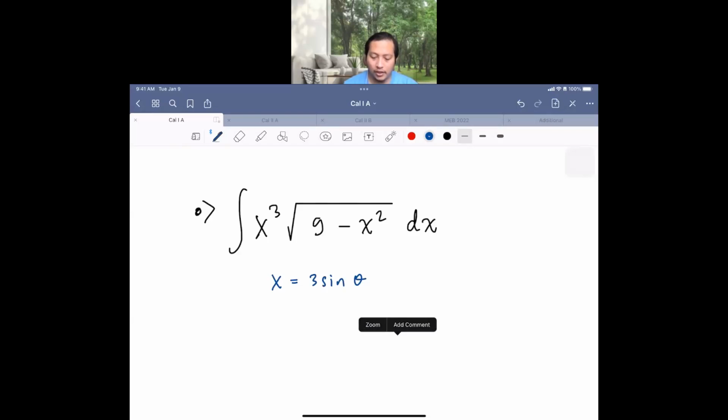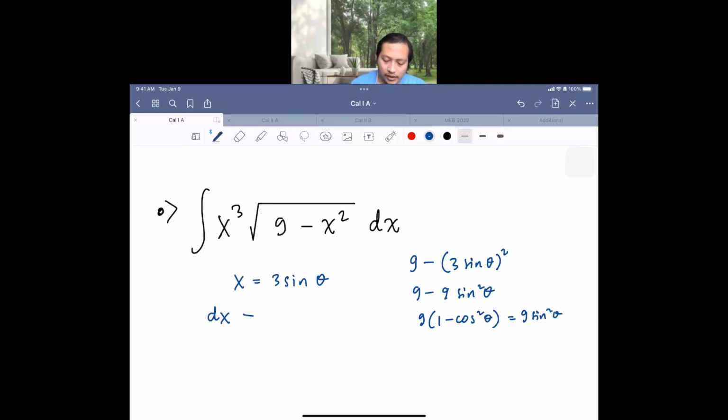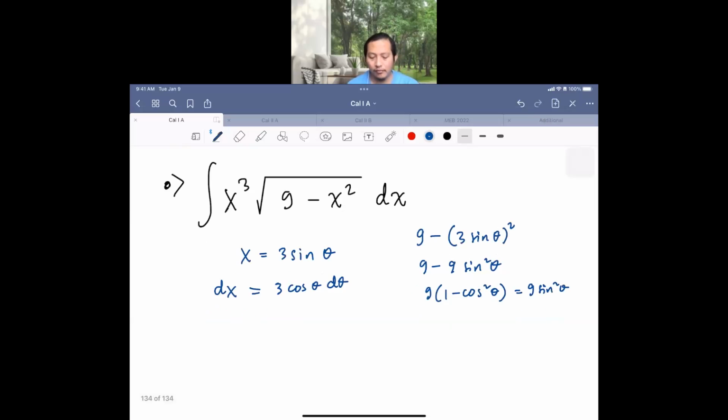So that when we are doing 9 minus 3 sine theta squared, we can have 1 minus cosine squared theta, which is sine squared theta. The derivative will be 3 cosine theta d theta.